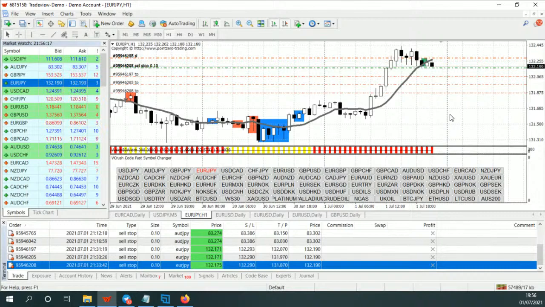So the first take profit is 10 pips, the second take profit is 20 pips, and the last take profit is 30 pips. Why? Because our stop loss is 10 pips. We use the initial stop loss as our TP1, multiplied by 2 is our TP2, multiplied by 3 is our TP3. That's how we set it up.